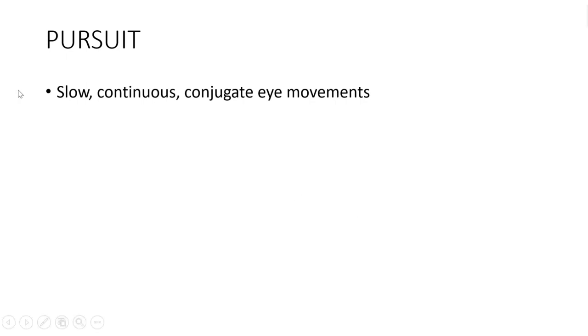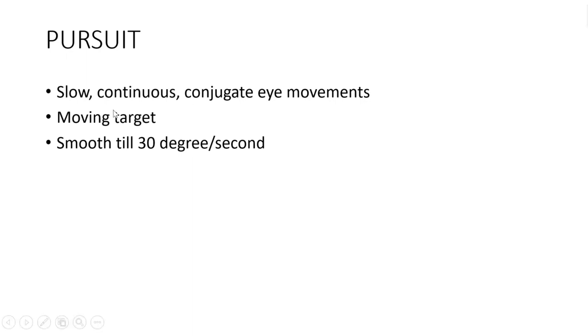It is a slow movement, it is a continuous movement, and it is a conjugate eye movement with a moving target. Now it is smooth. This will continue to be smooth until around 30 degrees per second. If Cindy continues to move only till 30 degrees per second, will I be following her with a smooth pursuit.